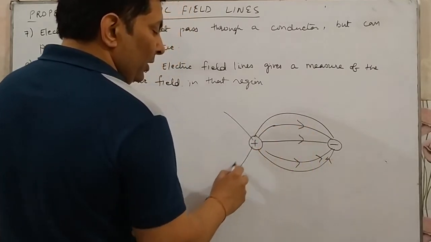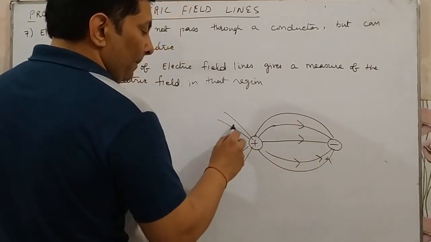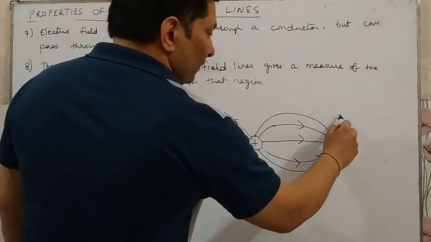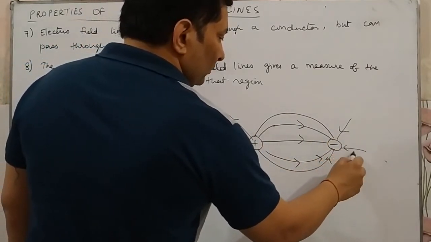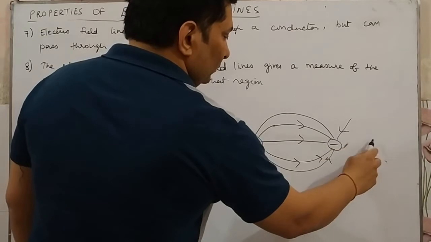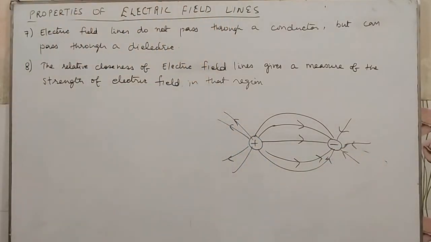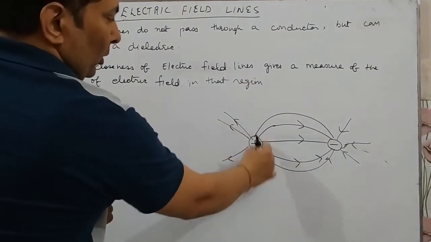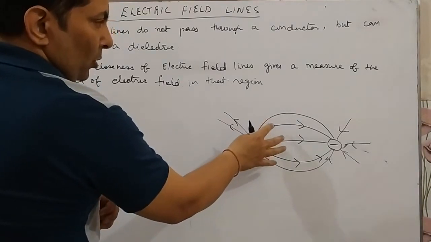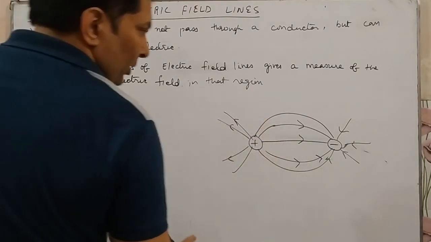It is weaker in that region. Here, since the field lines are more crowded, it is a region of strong electric field. This is not such a strong electric field region.